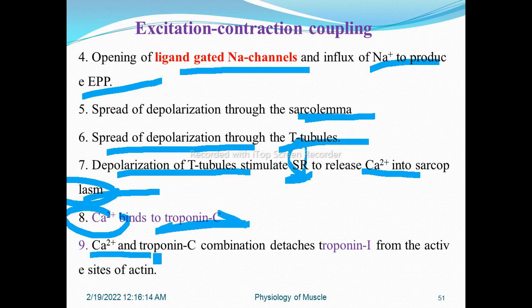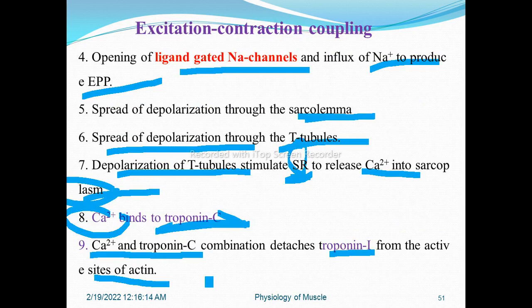If calcium is attached to troponin C, this process detaches troponin I from the active sites of actin. If troponin I is detached from actin, the active site will be free for attachment of myosin. This is a very important step for muscle contraction.